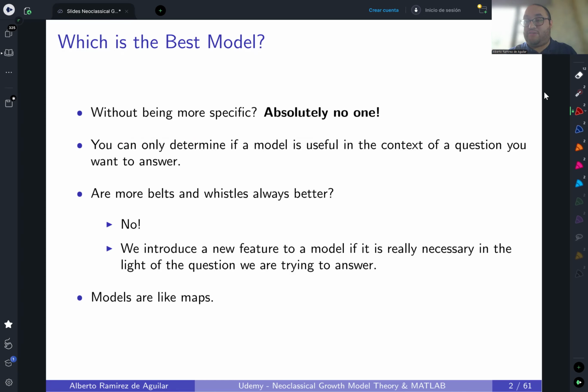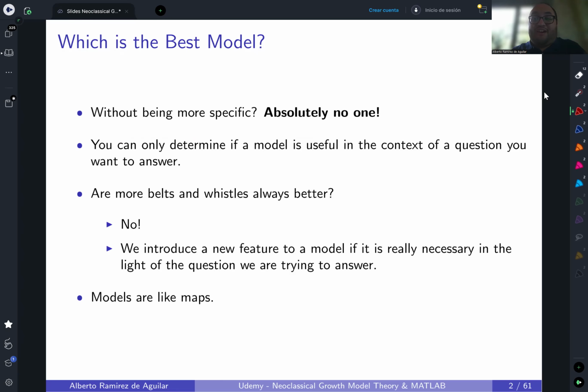For example, there's Google Maps, which is a very specific map that gives you not only the streets but also tells you where the restaurants and the cafes are. But Google Maps has a very specific objective, which is to help you navigate over a city, right?